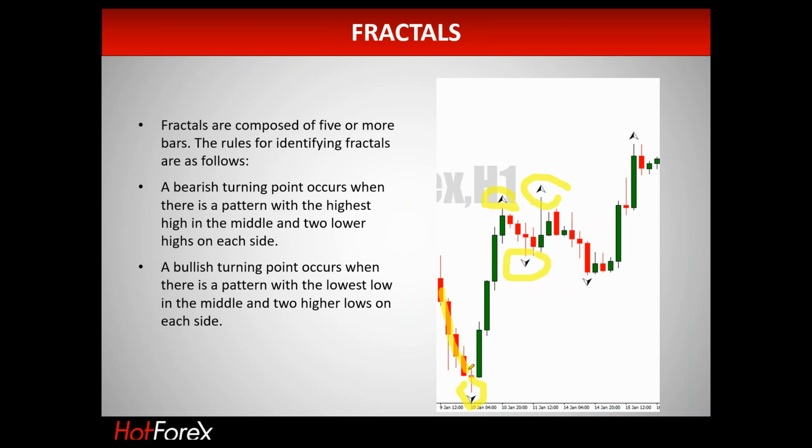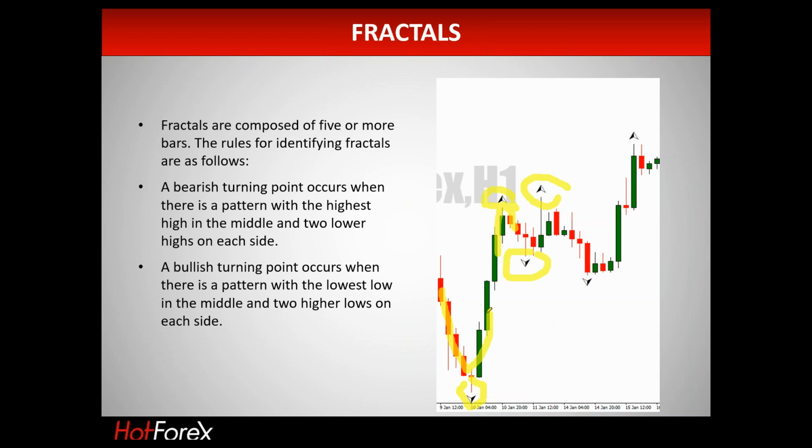When the market is turning, this is a bullish turning point, or fractal. The bottom fractal coming out tells us that the market is reversing. The same thing here: it tells us the market is reversing downward.